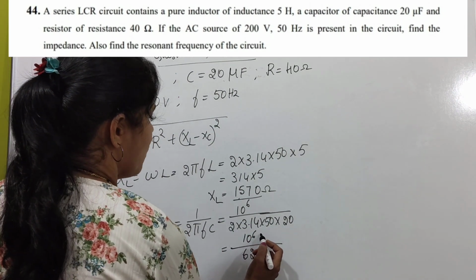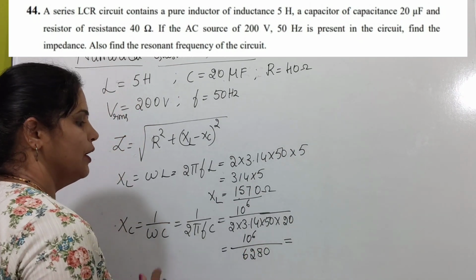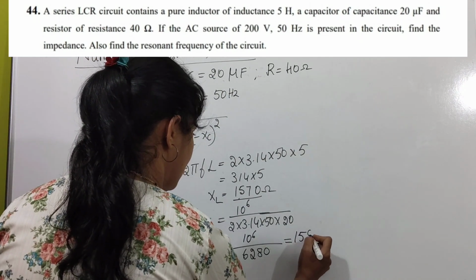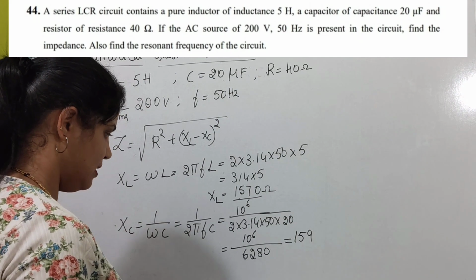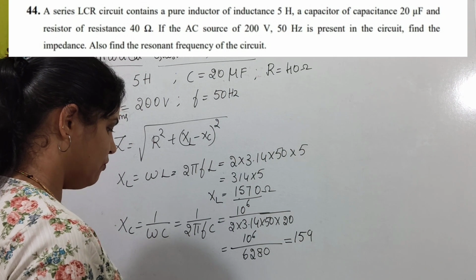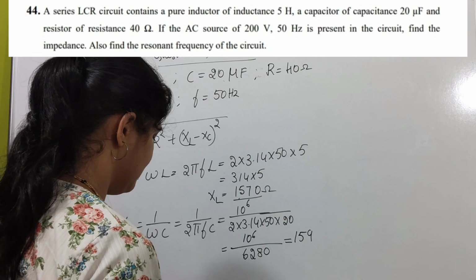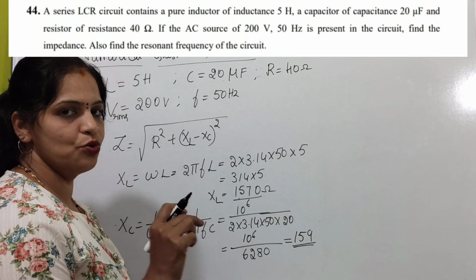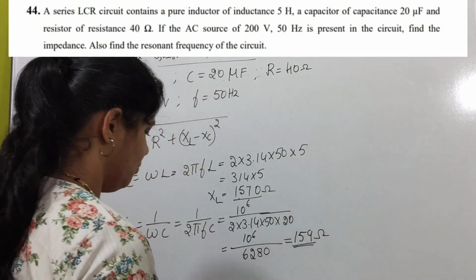So you have to divide 1 by 6280, multiplied by 10 to the power 6. That gives 159.235. Let us write 159, because the next digit is 2, which is less than 5, so no need of writing that. So it is 159 ohm.